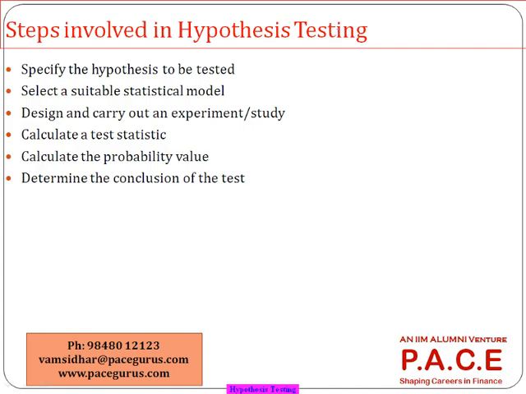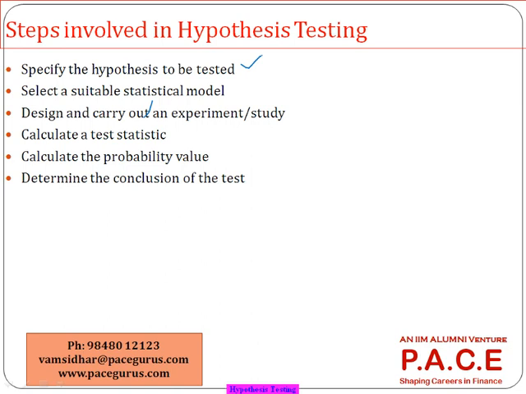So now that we have defined what a hypothesis is and what testing means, let's look at the steps involved in the typical hypothesis testing process. Specify the hypothesis to be tested. So some kind of a statement.